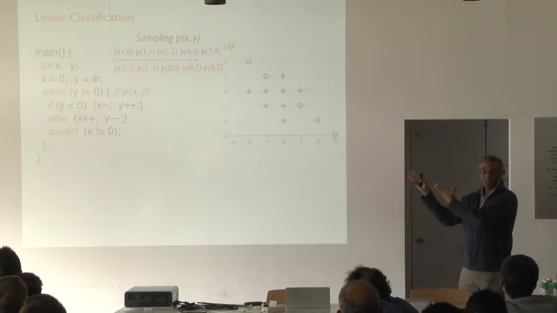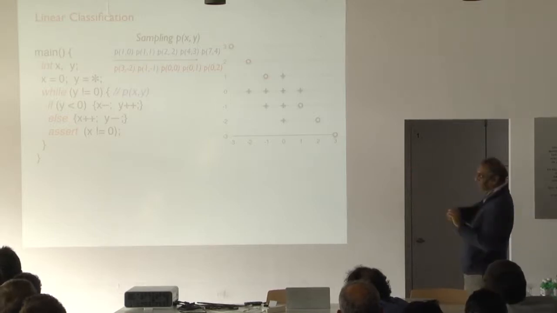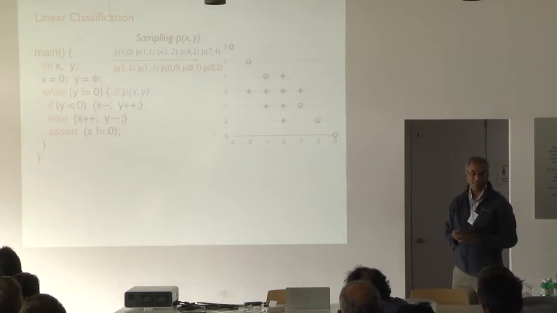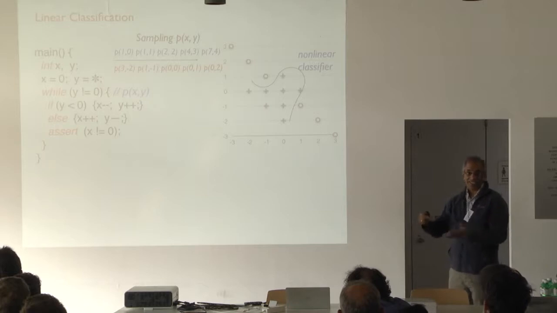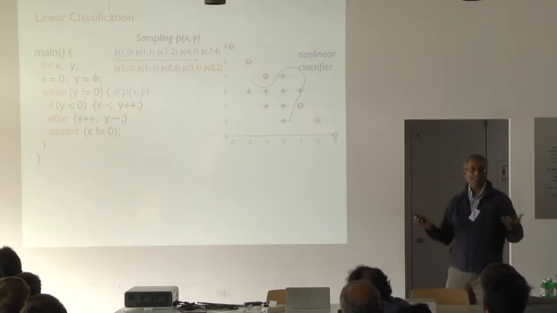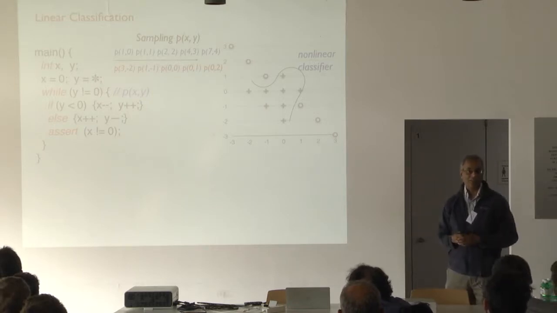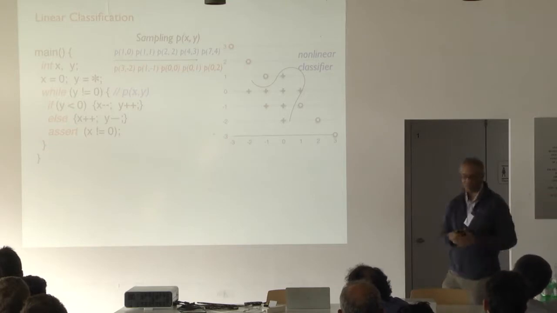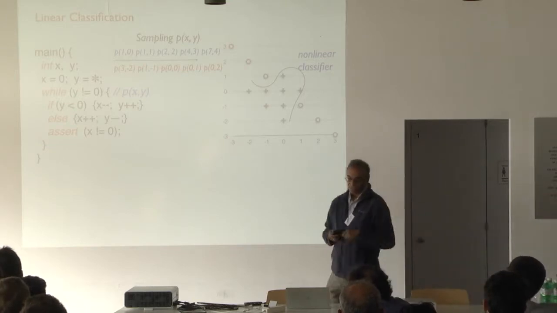There is no simple linear classifier that separates out the positive and negative samples. Indeed, the actual classifier is nonlinear. It has this very funky shape that is unclear how we could generate just using the feature space that we had.